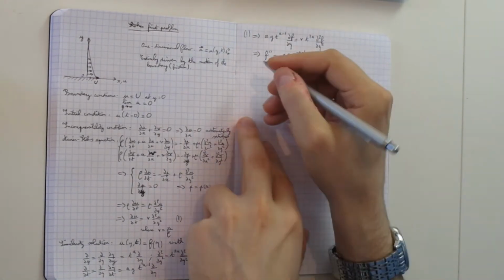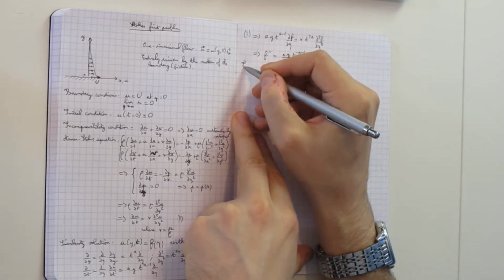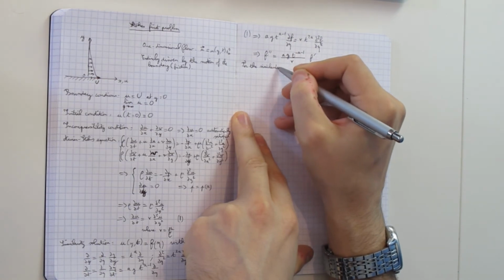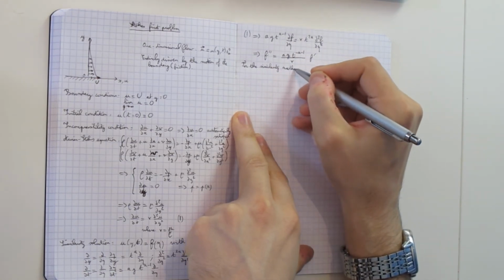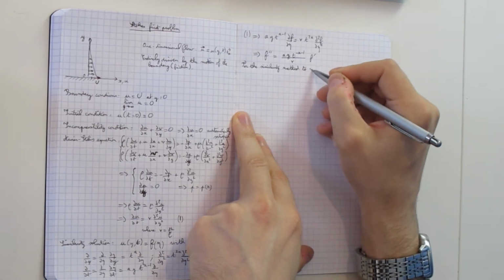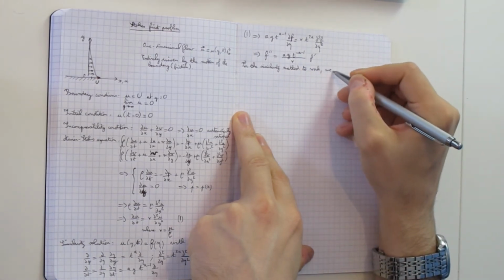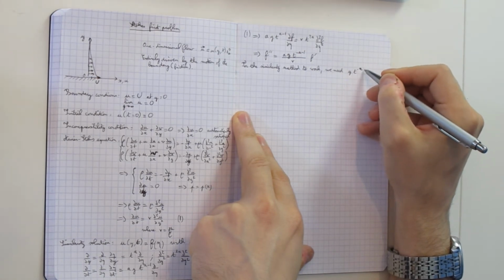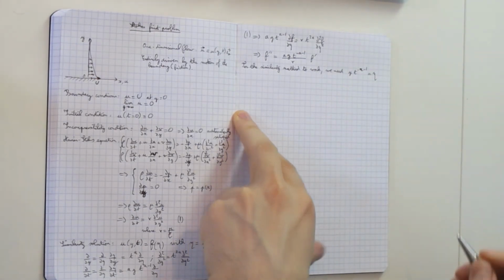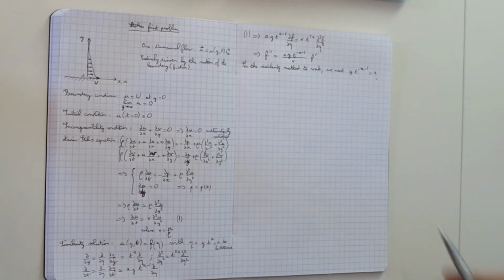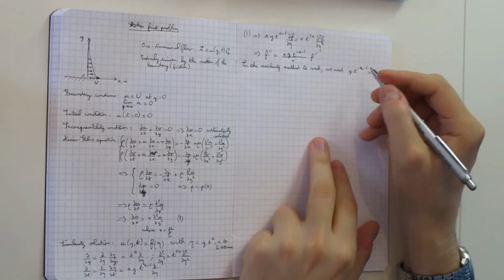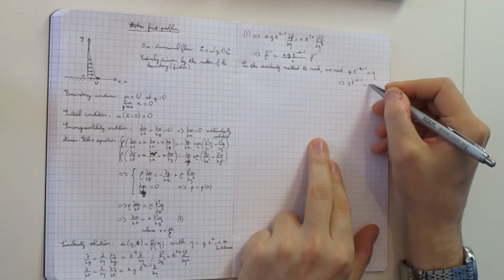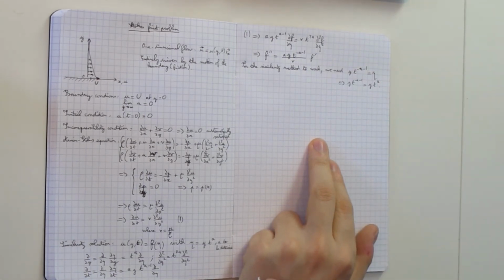So for the similarity method to work, we need y t to the minus a minus 1 to be equal to eta. Now if I replace eta with its definition, what I have is y t to the minus a minus 1 equals y t to the a.